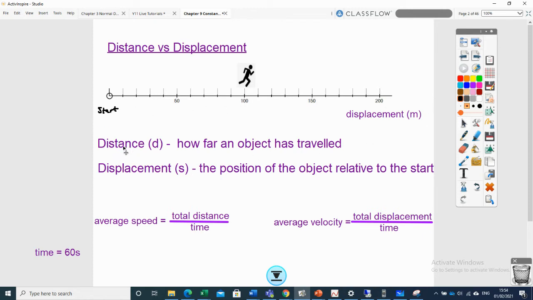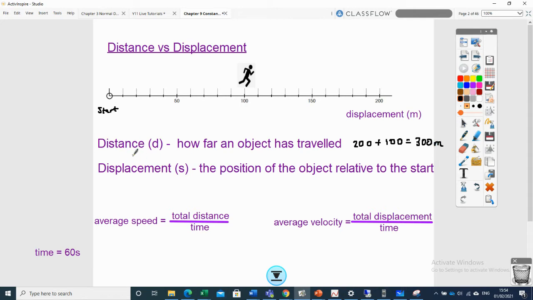The total distance, which we normally use D for, is how far that object has traveled, how far the person has traveled. So he's gone 200 meters out plus the 100 meters back. So the total distance is 300 meters.